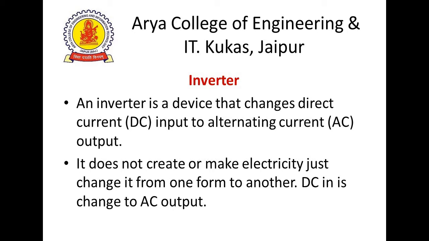Explaining the inverter, the basic definition: an inverter is a device that changes direct current input to alternating current AC output. DC input is changed to AC output. It does not create or make electricity, just changes it from one form to another.